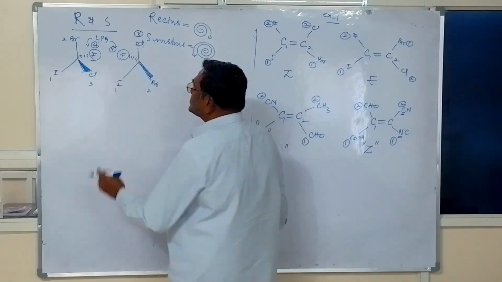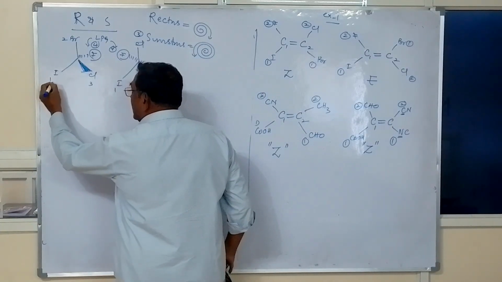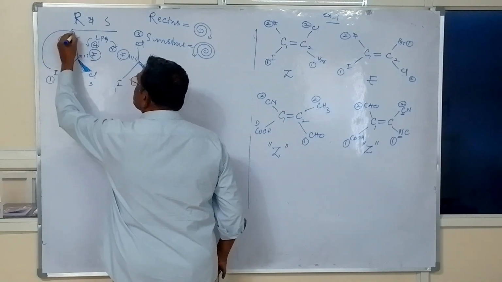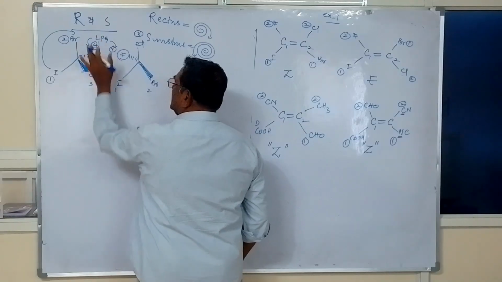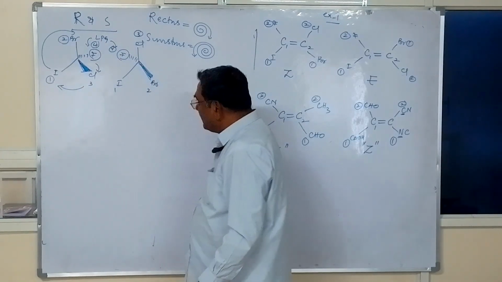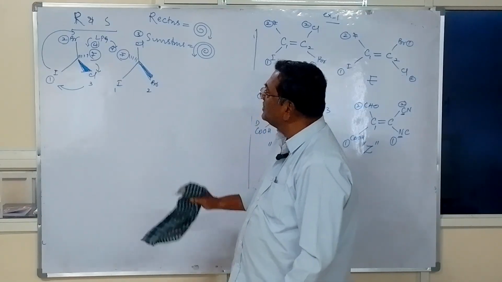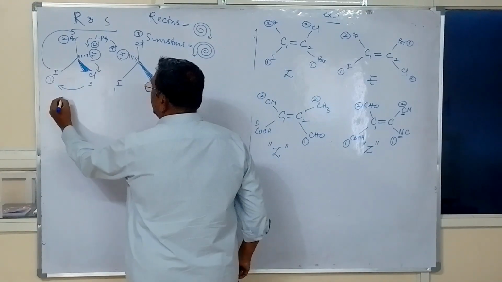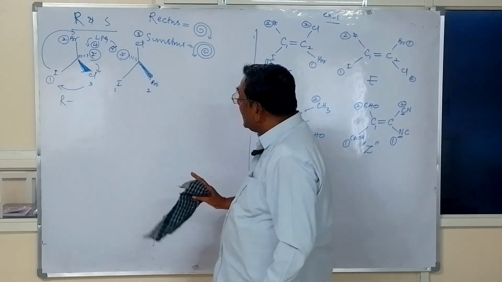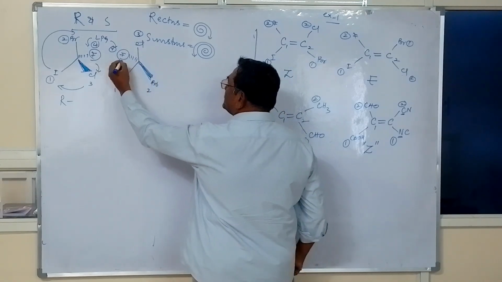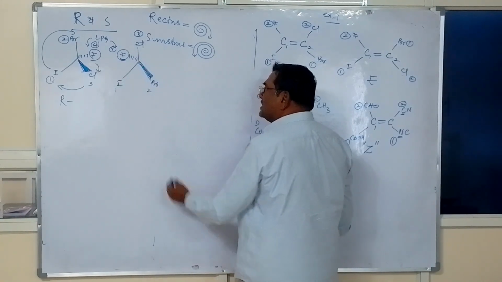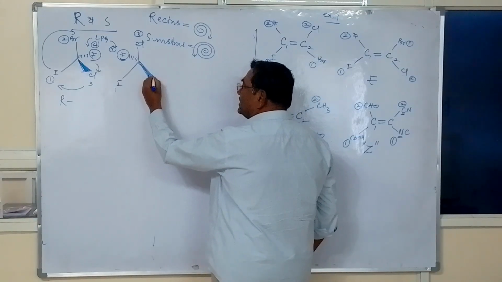Now children, let's go through this. See how they are moving. The priority of the groups is moving in clockwise direction. Forget about the least priority group, and they are moving in clockwise direction. Am I correct or not? Absolutely, Baba. Then this is named as R. Of course, when we are going through this, the least priority group here is also on the dash, but wedge is going to be here.